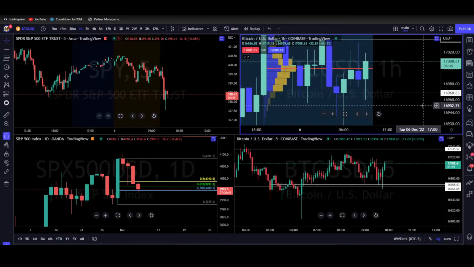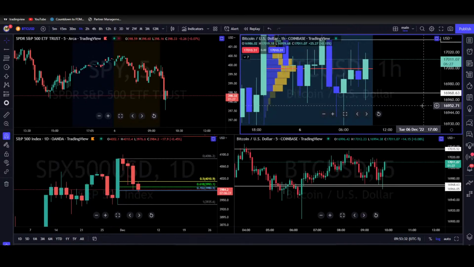$17,000 is also a big figure number. 17, 16, 15, 14, 12s, your 19s, 20s. Those are big figure numbers. So yeah, there could be a lot of people selling their Bitcoin at 17 grand. So it is a difficult number to get through.